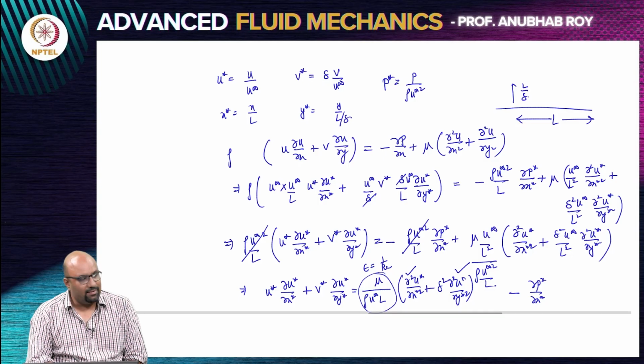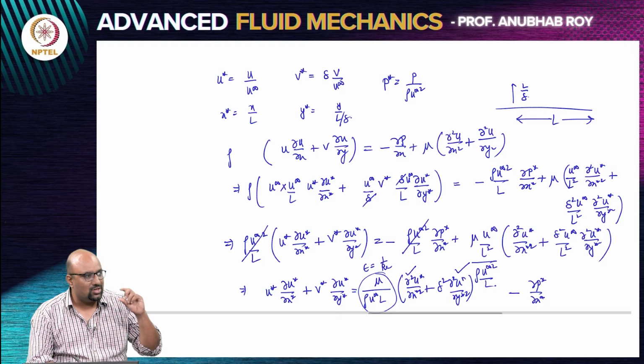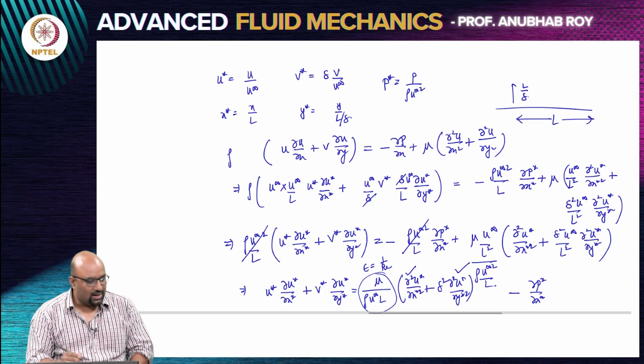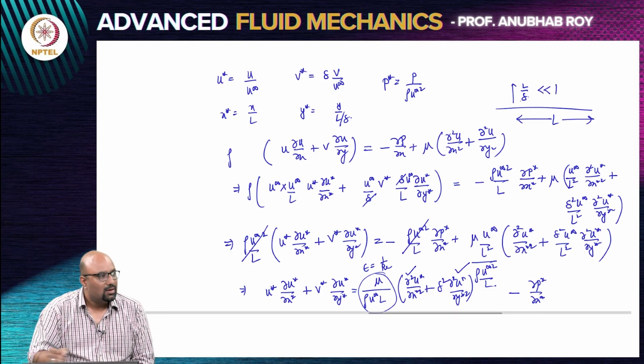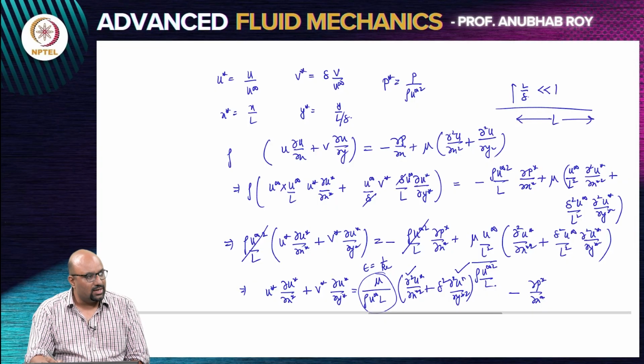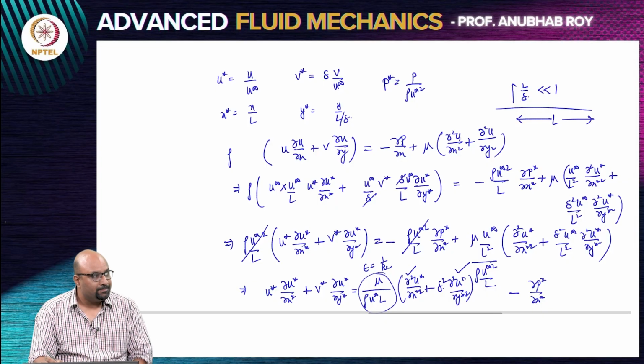That is the length scale variation that is occurring in the y direction. So Prandtl's idea is that the transition region that you have is very small. That means that the scale that I have chosen here, delta, should actually be very large.